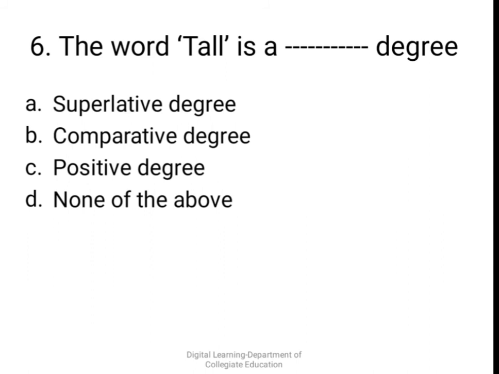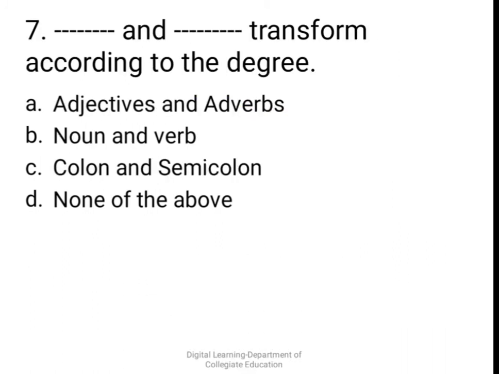Sixth question. The word tall is the dash degree. Superlative, comparative, positive, none of the above. The answer is positive degree. Seventh question. Dash and dash transform according to the degree. Adjectives and adverbs, noun and verb, colon and semicolon, none of the above.